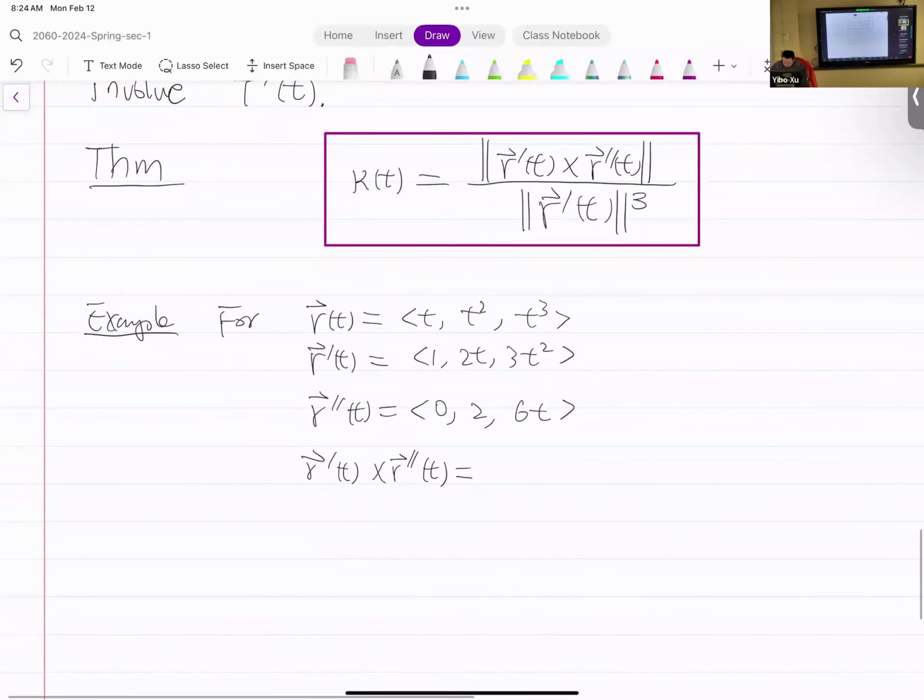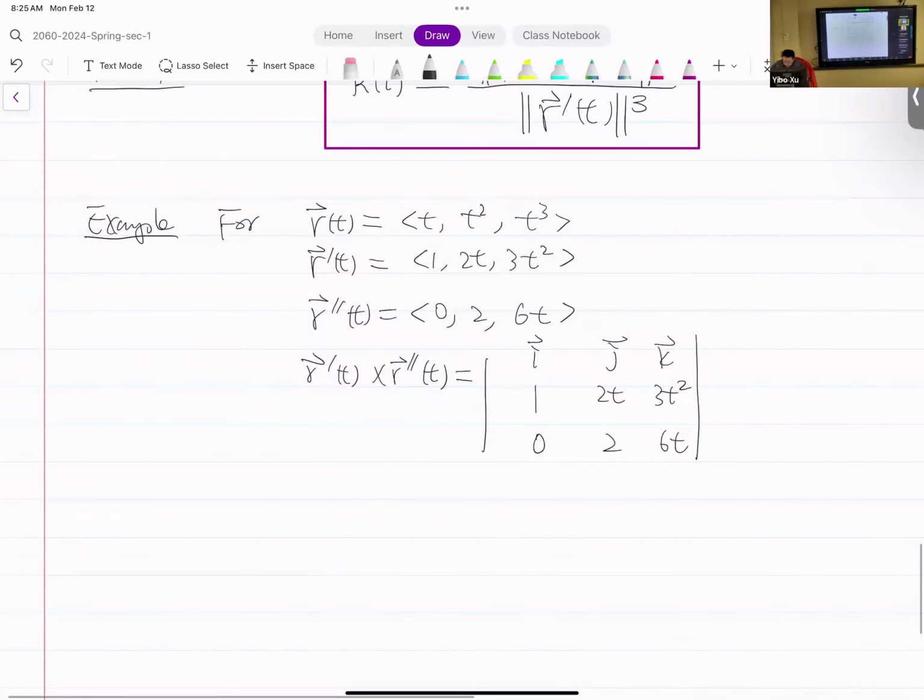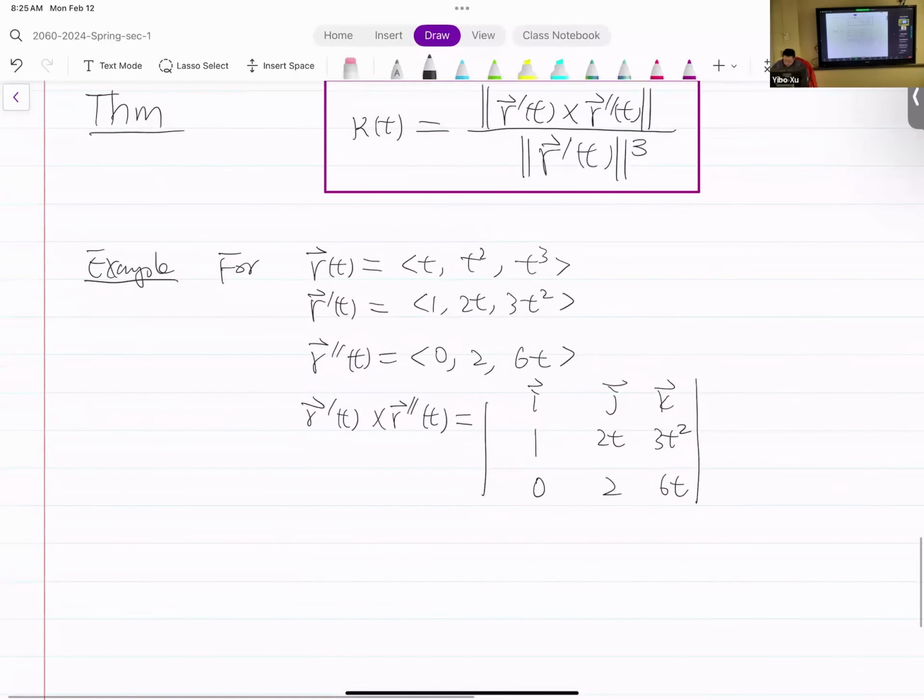So let's just do it by definition. So i, j, k in the first row. And then the second row is r prime, so it's 1, 2t, 3t squared. The third row is 0, 2, 6t. Let's just keep the formula there on the screen.